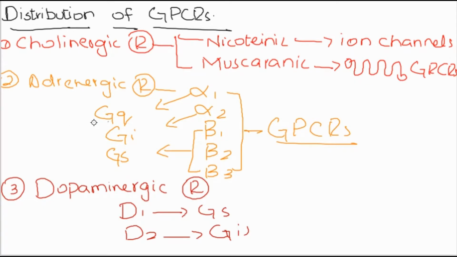Now, as we know, Gq works through the IP3 and DAG pathway. So they basically increase calcium level in the cell. G inhibitory, as we have studied, decreases cyclic AMP, while G stimulatory increases cyclic AMP.